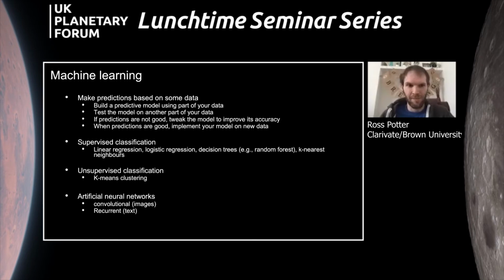That would be unsupervised, where you don't know what the result necessarily is. And you also have artificial neural networks for more data intensive projects, so specifically images and text. So we are focusing on images. We'll be using convolutional neural networks, which I'll explain a bit about later on.